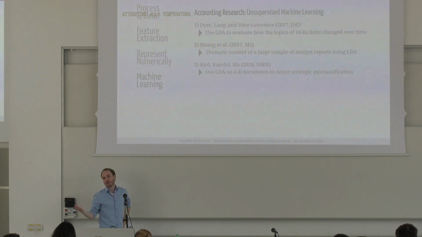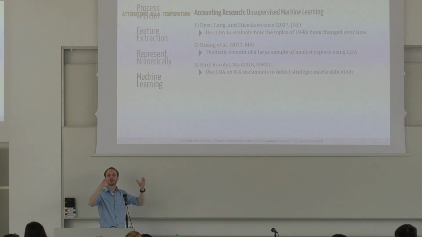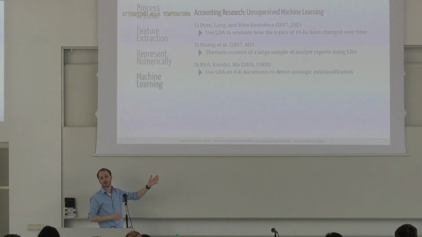It's not the magic bullet. It's not going to solve all your problems, even though you can apply it to basically any piece of text. But if you have a problem for which you really need to identify topics, this is an interesting avenue of research that we start to see a lot of papers incorporate more and more, and I expect it to only grow in the future.